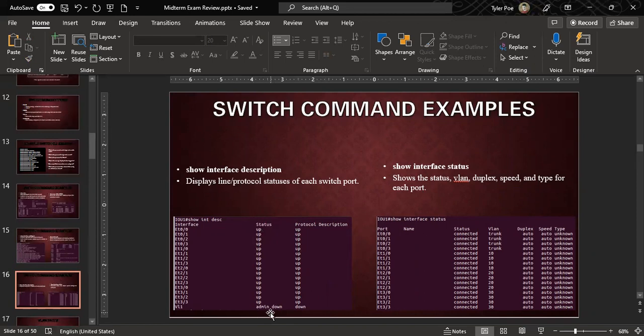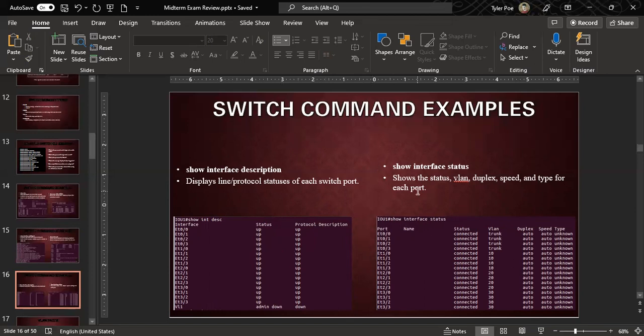Here is where you get administratively down / down. That means a port is manually configured to be disabled. If you see down, that means the port's just down for some reason, like maybe a bad cable, or maybe the switch or the other device connected to this port is disabled.